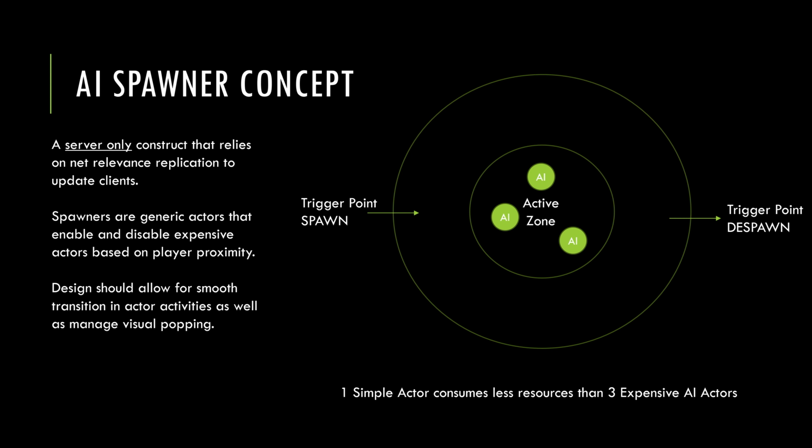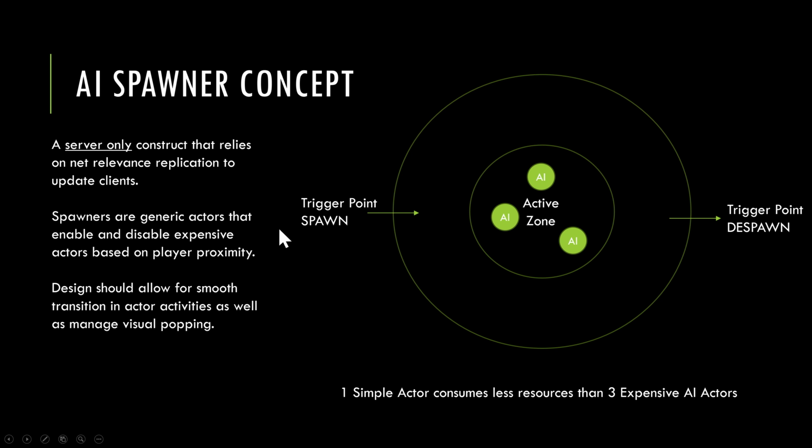The spawners are basically generic actors, so sort of a lightweight actor whose job is to enable and disable more expensive actors. Right? And so the example I've drawn up on screen. If you think about the 3 AIs here, they're all expensive, right? So there are 3 AIs that would be expensive to be running on the server.